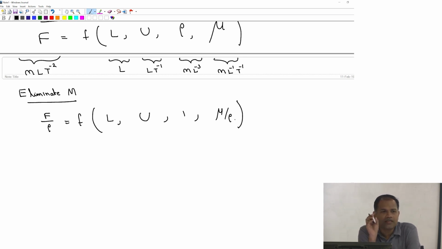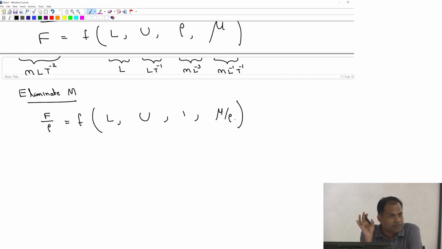So what have I done? I have actually divided each of the variables which contain mass with density, so that mass goes away from the description. In fact, if you look at it, the number of variables are still the same. It contains f, rho, L, U and mu. I have not removed density from the problem.